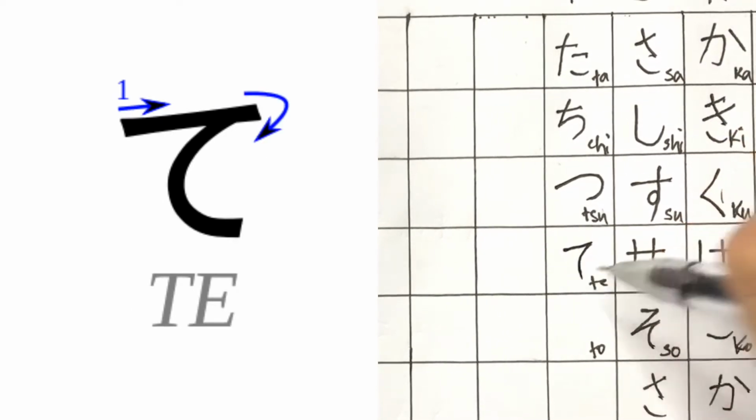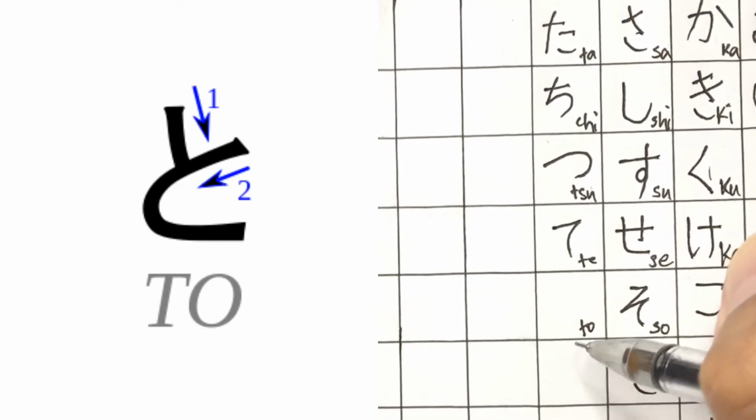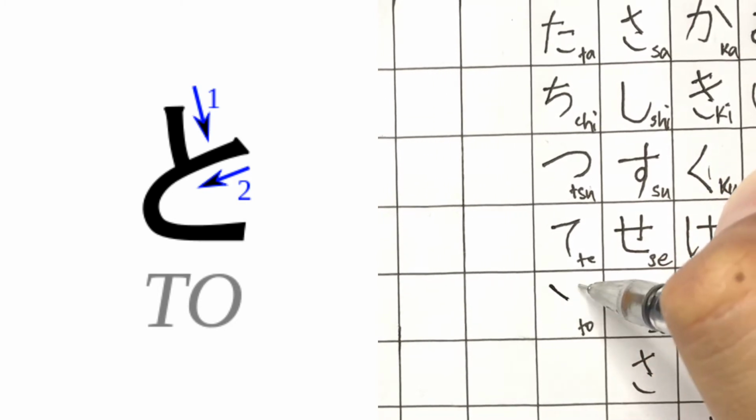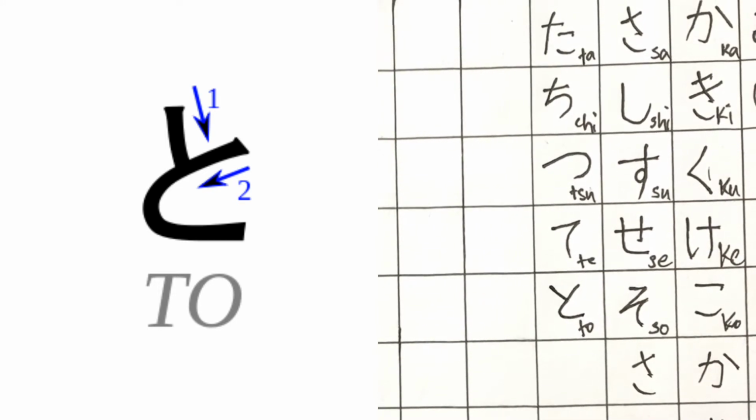The last character for the T consonant is to. To has 2 strokes, 1 and 2. To.